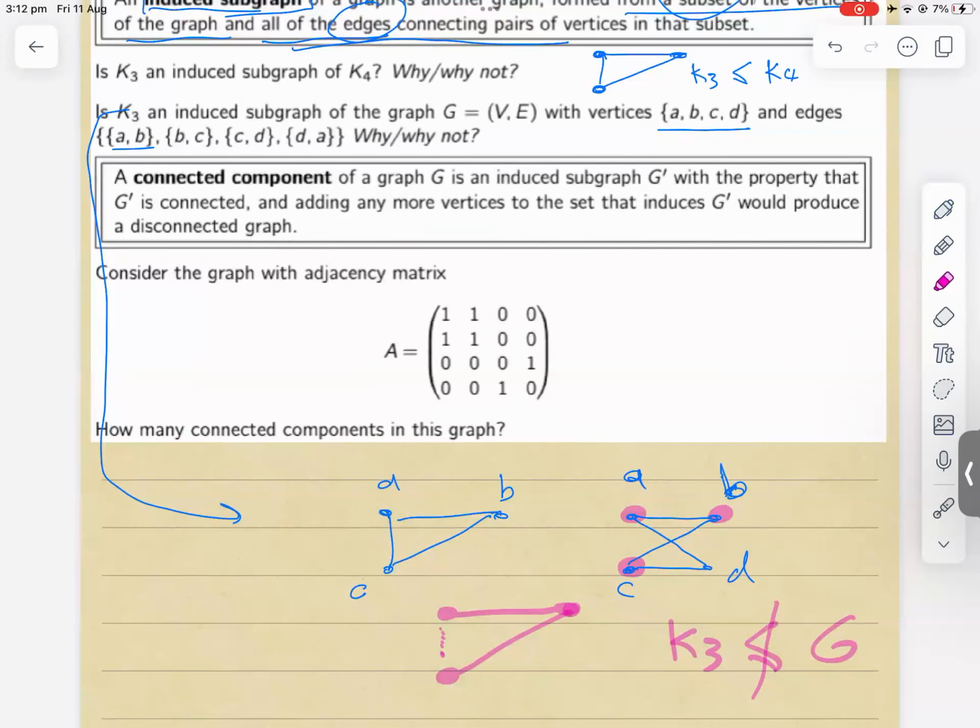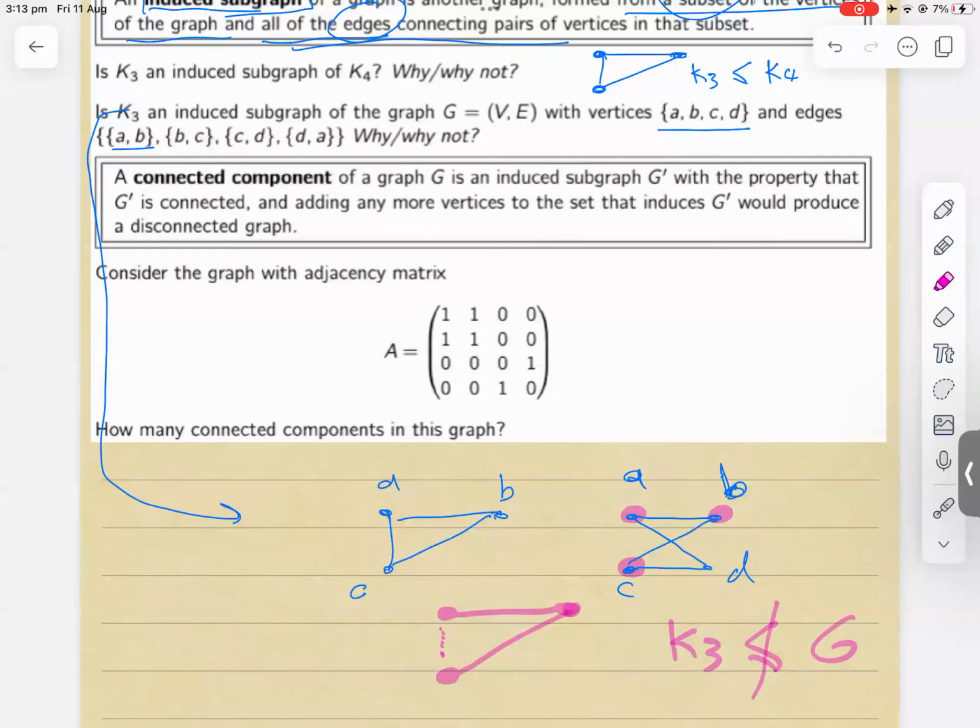This is what I have from G. I choose 3 of the vertices, like A, B, C. So my induced subgraph should look like this. If it is like this, it is the induced subgraph of this one. But K3 has an extra edge. So K3 is not an induced subgraph.